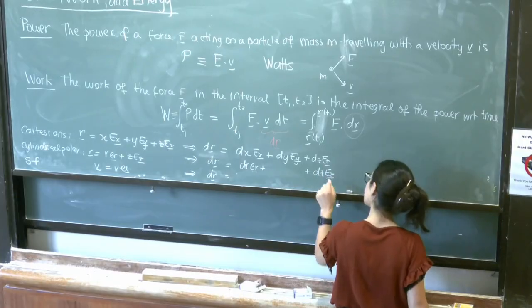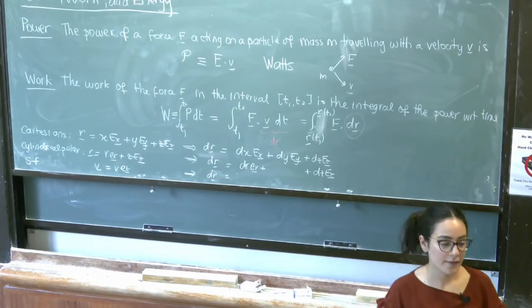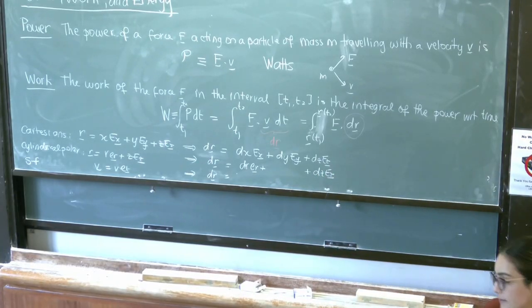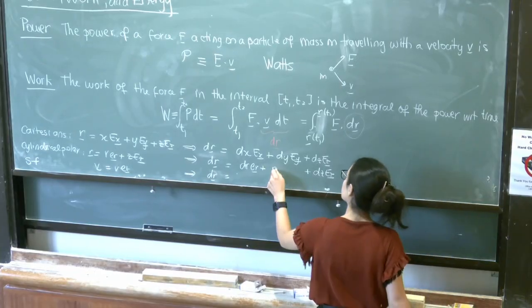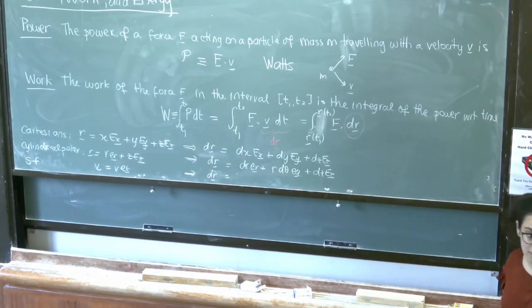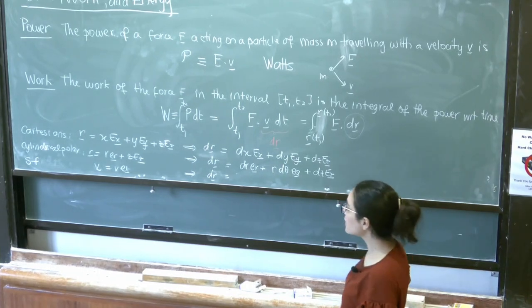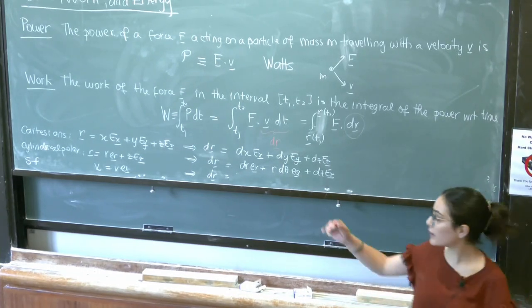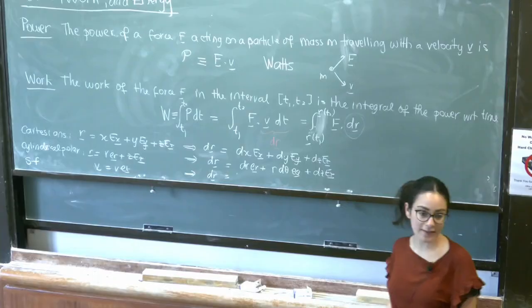Is that it? r d theta, yeah, right. Yes, so you learned in calculus how to take the differential of a quantity, and then the shortcut is you can calculate v and multiply it by dt, you can get dr.